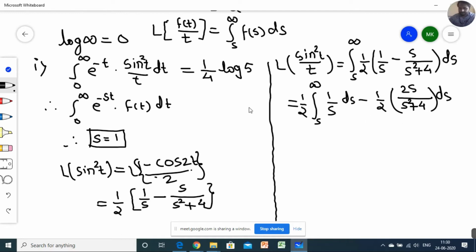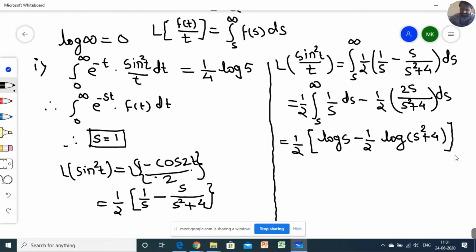Now we have to apply the integration here. So we will get log of s minus 1 by 2 log of s square plus 4, and the limit kept as it is, s to infinity, if I am not wrong.